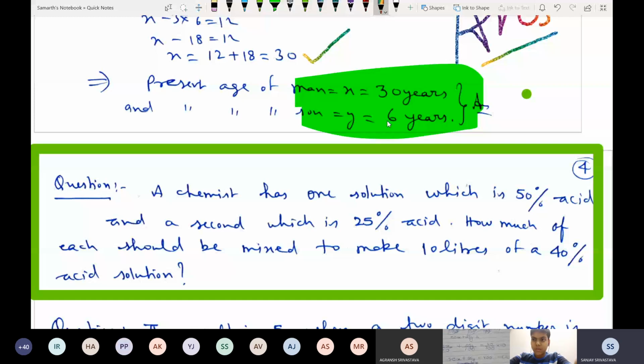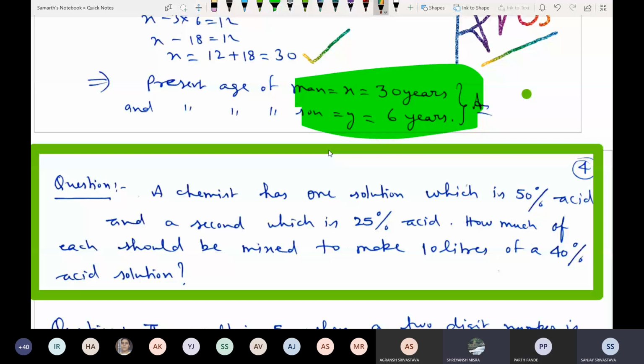Correct. And the second equation is 50x plus 25y is equal to 400. Absolutely correct. When you proceed now, you will get the answer also. x will be coming as 6 and y will be coming as 4. That means 6 liters of 50% and 4 liters of 25% acid solutions should be mixed.